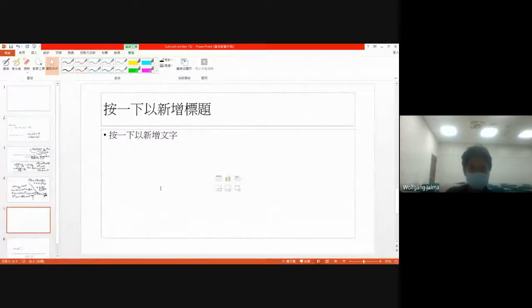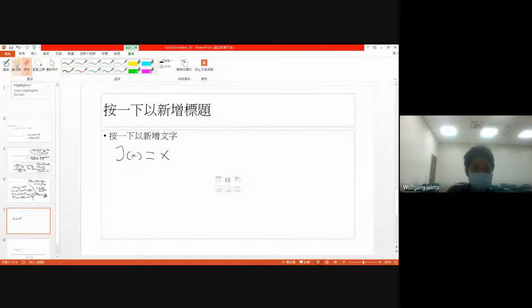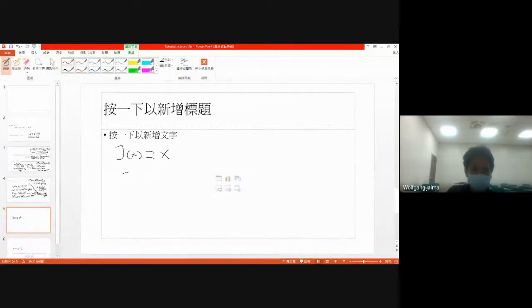Let's say j(x) equals x to the power 1. What is the second derivative of j?